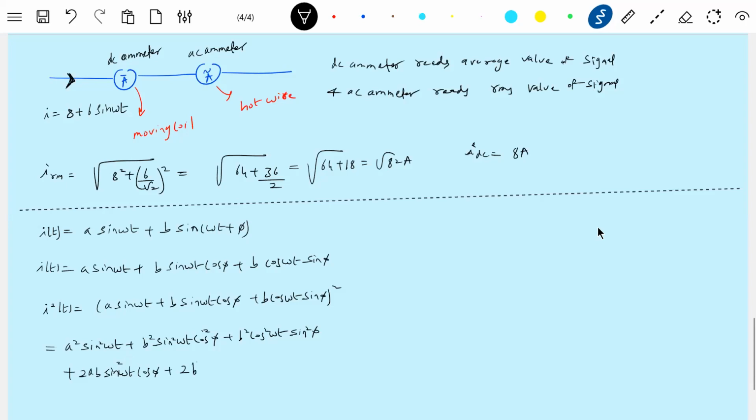Now this will become 2b square sine omega t cos omega t sine phi cos phi, and 2ab.